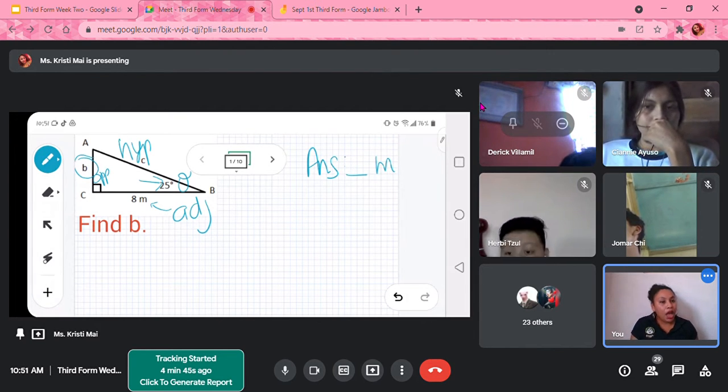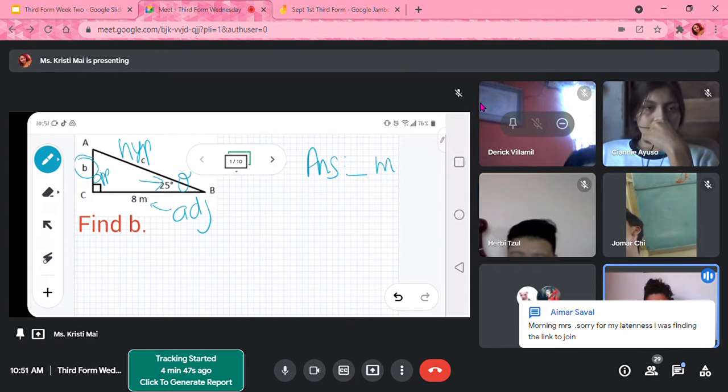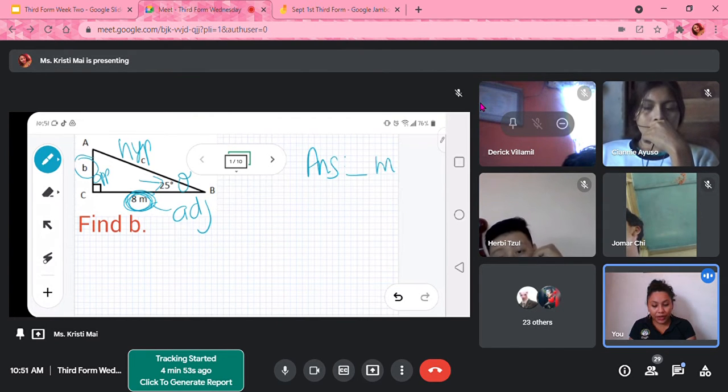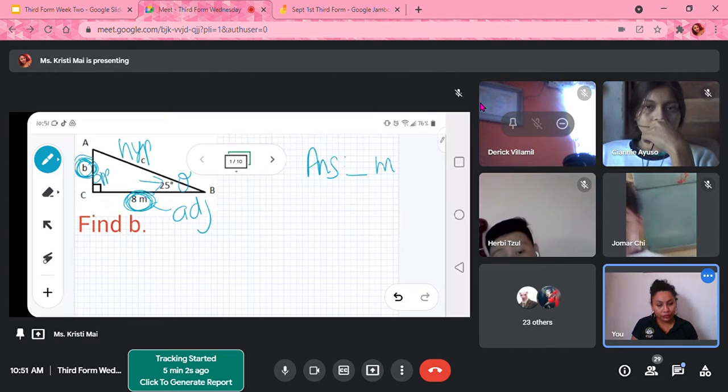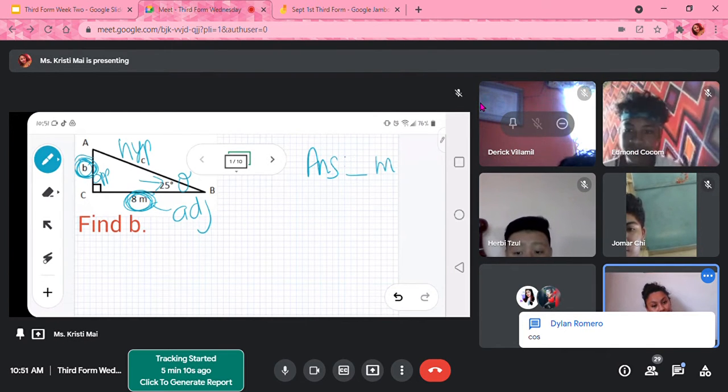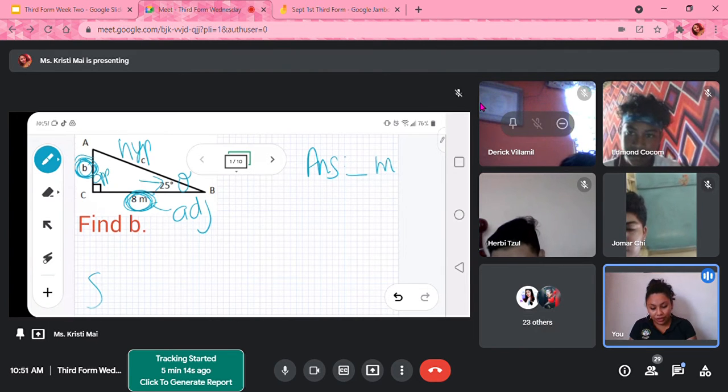Right? Now, if I am working with the adjacent and I'm working with the opposite, what formula am I going to be using? And this is where we use SOHCAHTOA, right?